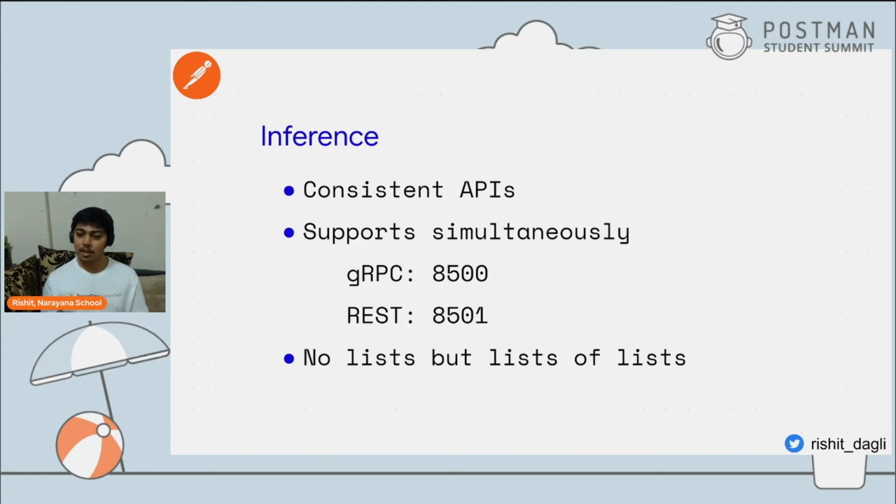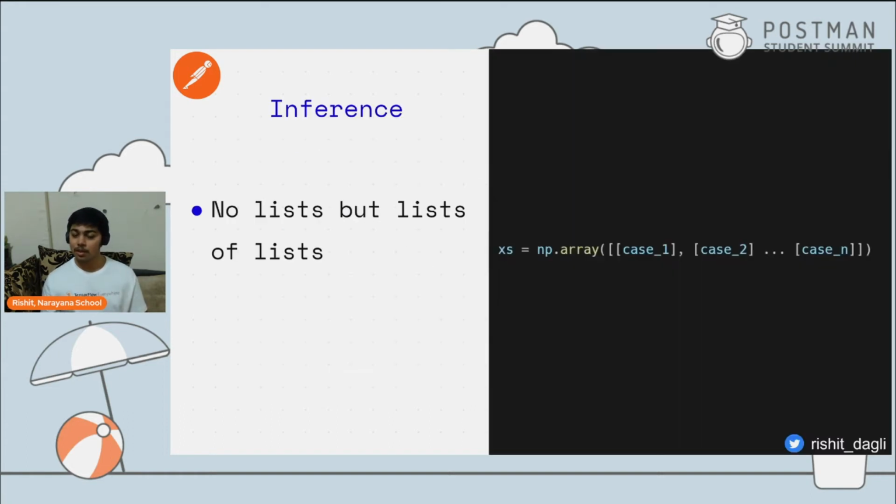Another thing I wanted to talk about while inferencing this, this might be super obvious and have a very clear intuition while working with images, but it might not be that clear when working with text data. So I thought to put this out: you pass in the data not as a list, but as a list of lists.